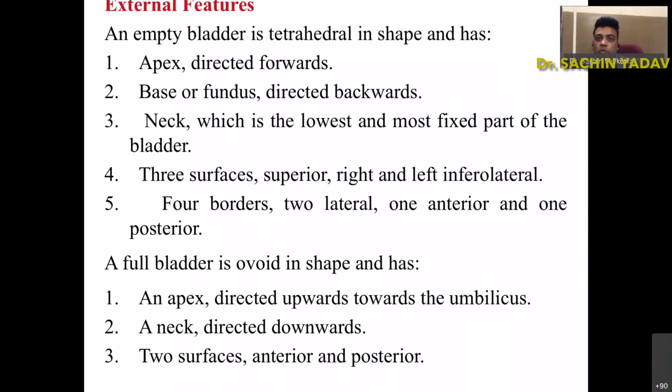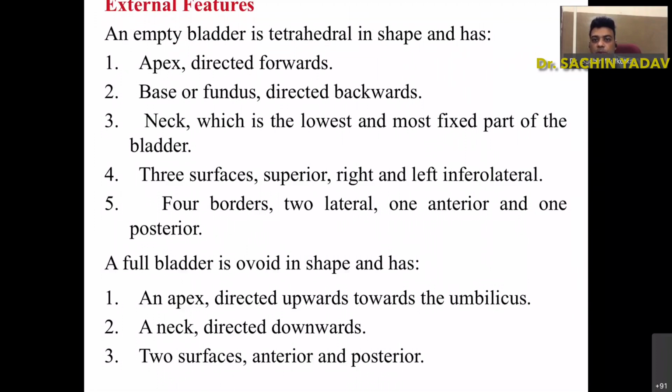The empty bladder I described. When the bladder is full with urine, it ascends from the pelvic cavity to the lower part of the anterior abdomen, not in the peritoneal cavity, but we can see it while lifting the peritoneal membrane on the lower part of the anterior abdominal wall. Here it becomes ovoid in shape.